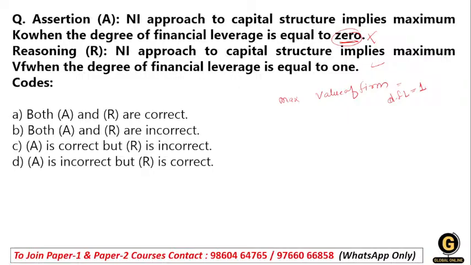Once more: the NI approach to capital structure implies maximum value of the firm when the degree of financial leverage is equal to, degree of financial leverage implies an increase in more debt.